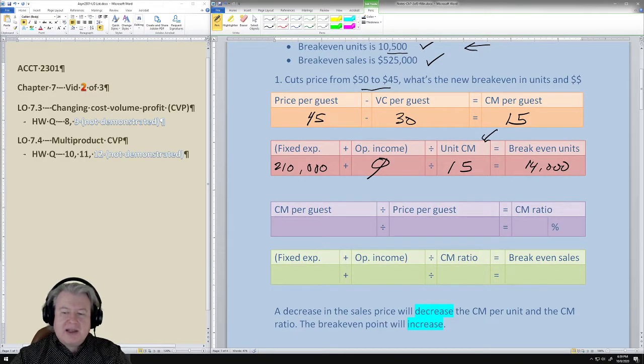Well, what is the actual sales level? We're going to do the same thing we did before. Here, we're going to carry this $15 of contribution margin per ticket sold. The price is no longer 50, it's now 45. And so we're going to have a ratio of 33. You might end up wanting to carry that out.